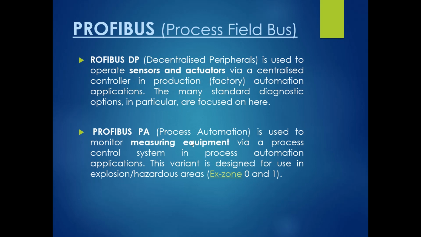So that is Profibus DP, decentralized peripheral. The other is Profibus PA, that is Profibus process automation. It is used to monitor measuring equipment via a process control system in process automation applications. This variant is designed for use in explosion and hazardous areas. So we'll see one small video on Profibus DP and Profibus PA.